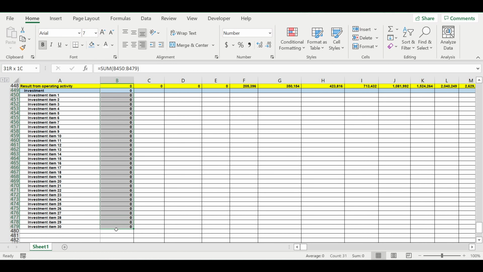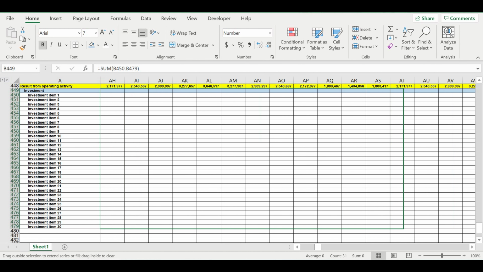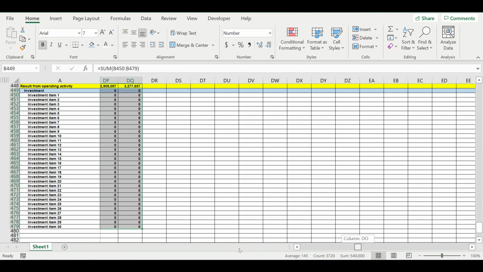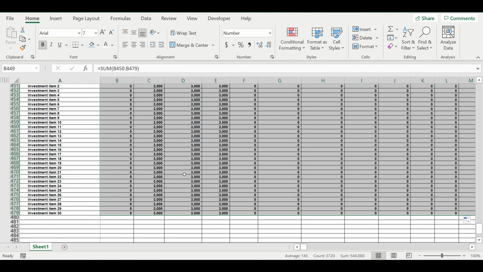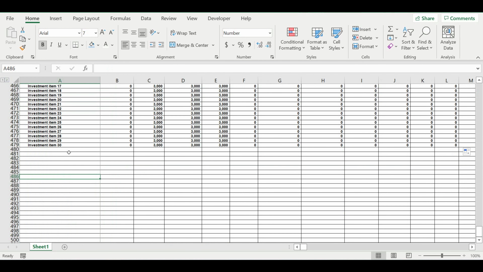Now we'll extrapolate this formula to the right. Now we will calculate the result from investment activity.